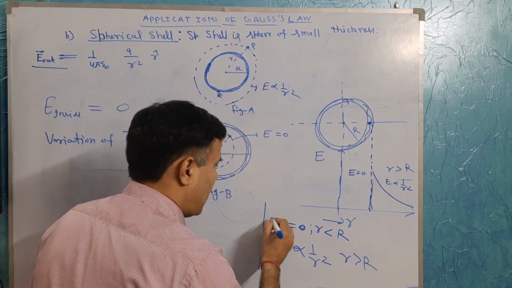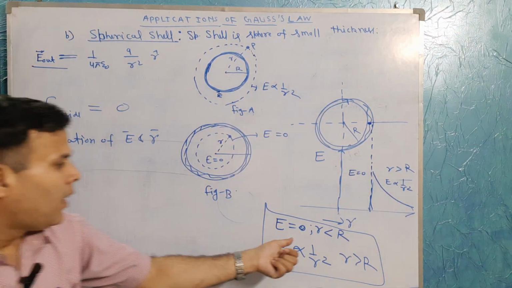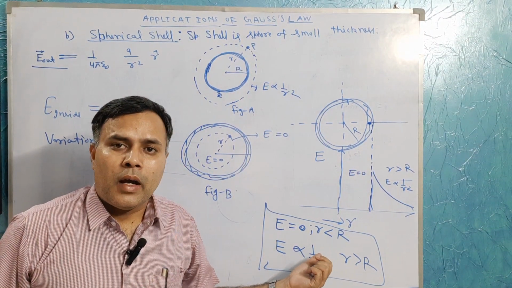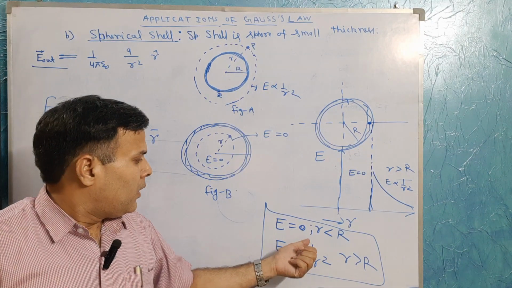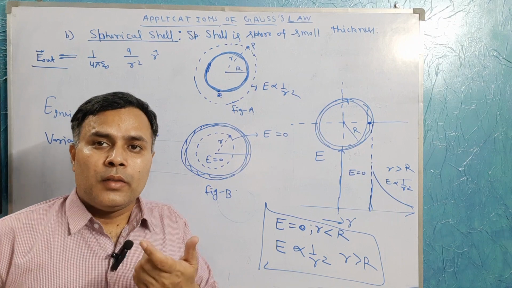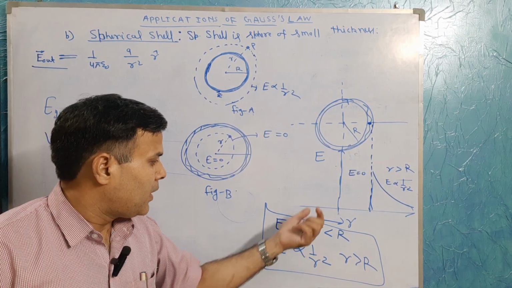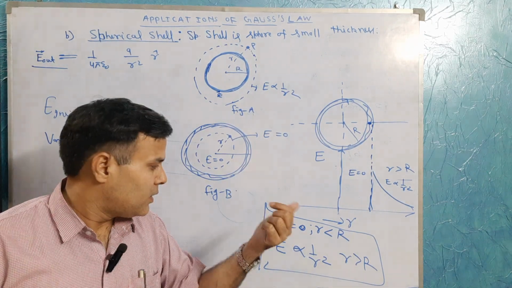So this is another very important objective type question: what is the profile of electric field, or the variation of electric field with distance, for the case of a uniformly charged spherical cell of radius R whose thickness is very small.